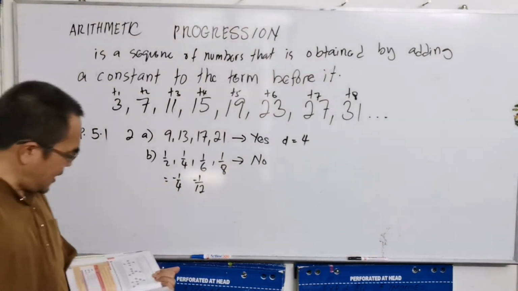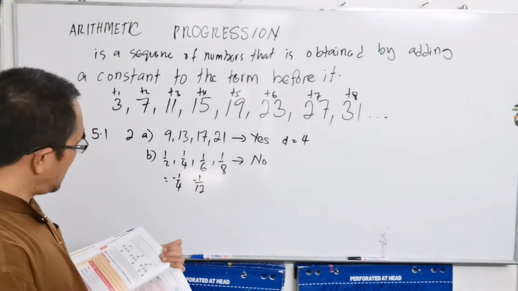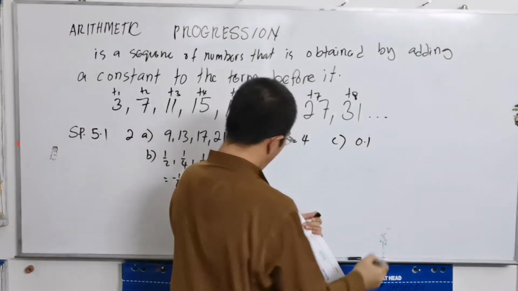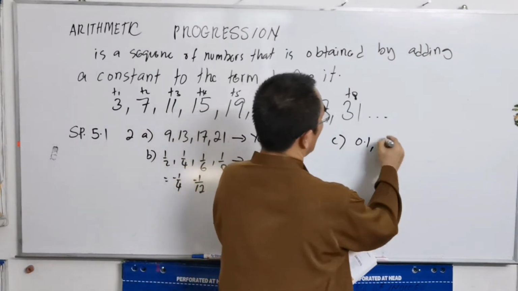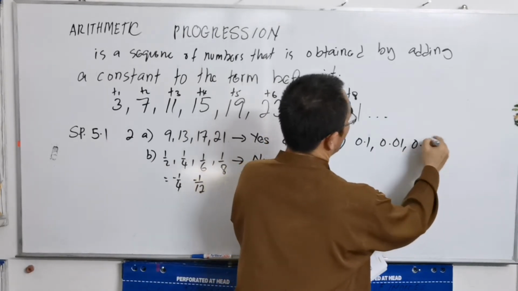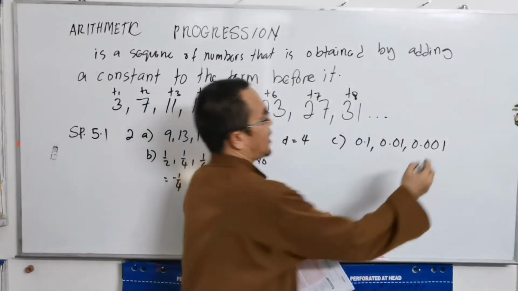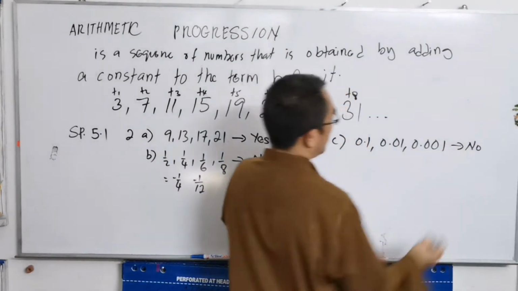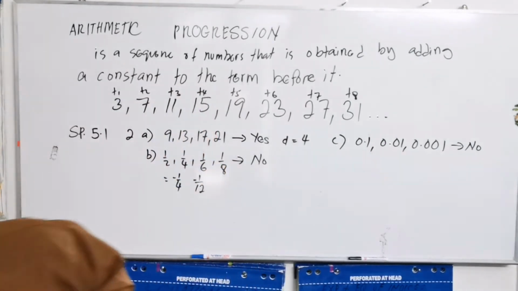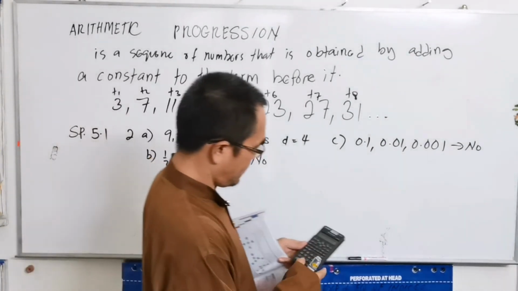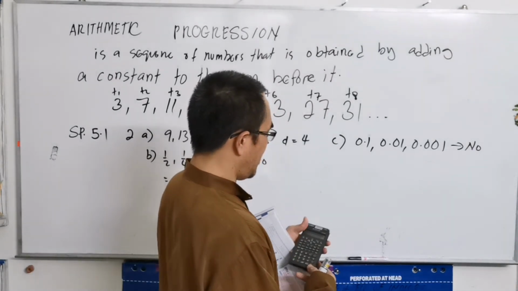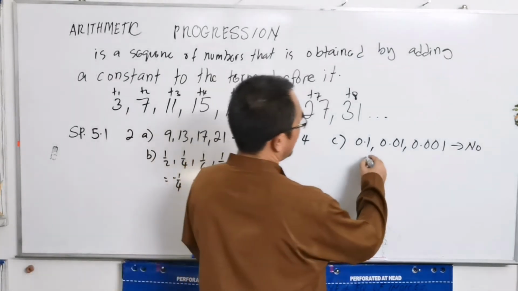Okay, then C: 0.1, 0.01, and 0.001. So the answer would be no, because 0.01 minus 0.1 will be negative 0.09, the difference here.